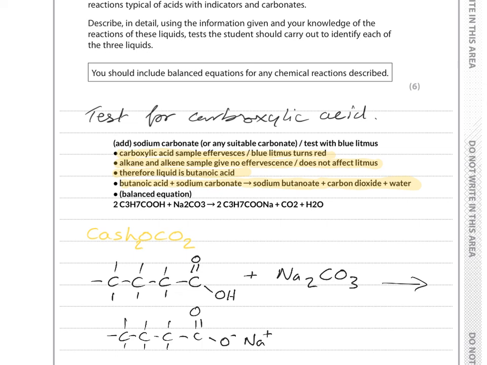So acid plus carbonate gives salt plus CO2 plus H2O. And if you do it like that, that should all be balanced, because the hydrogen from my acid combines with one of my oxygens from my carbonate to give water, and carbon dioxide is produced as well. That's quite tricky stuff to get the full marks from, and including that equation, which you need to do because it says up here that you need to do the balanced equation, is quite tricky, but that's your level 8-9 differentiator.